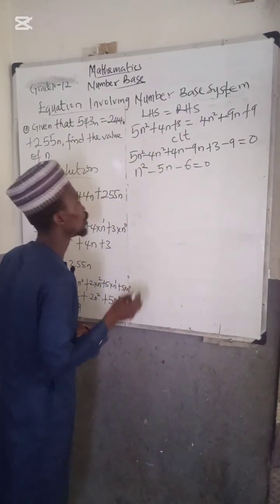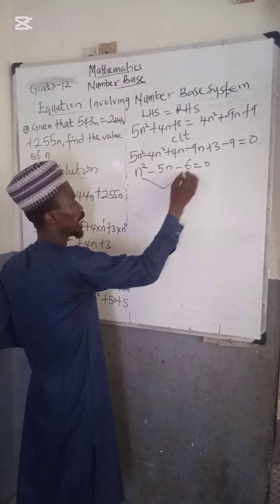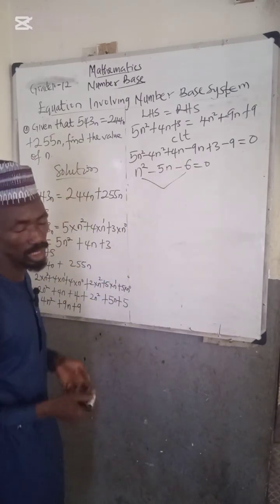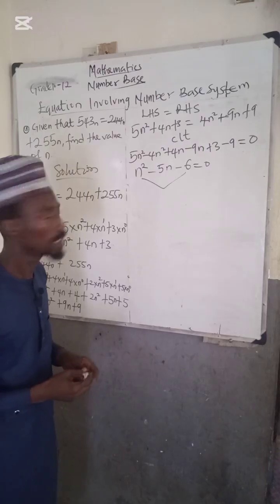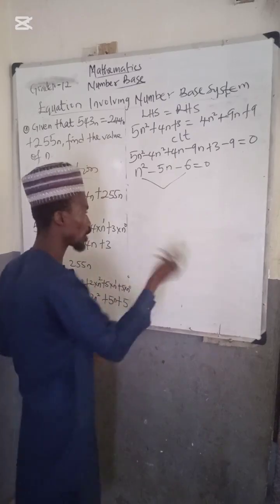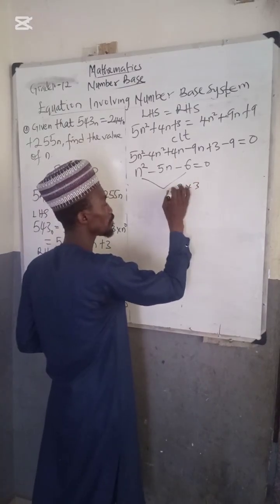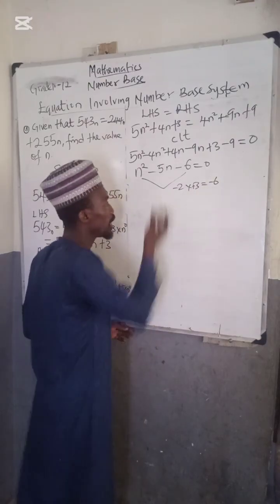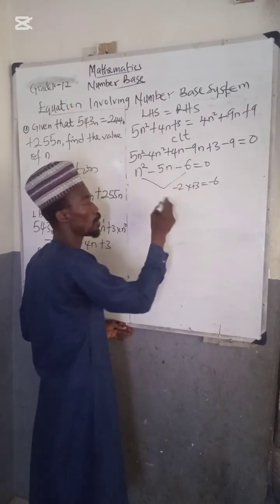Now, what can we multiply together that will give us minus 6, and when we sum it together, it gives us what? Minus 5. Now, if you try and say, okay, 2 can divide 6, 2 times 3. You are correct. 2 times 3, let's say minus 2 plus 3, it gives us what? Minus 6. But let's try whether it gives us this sum.